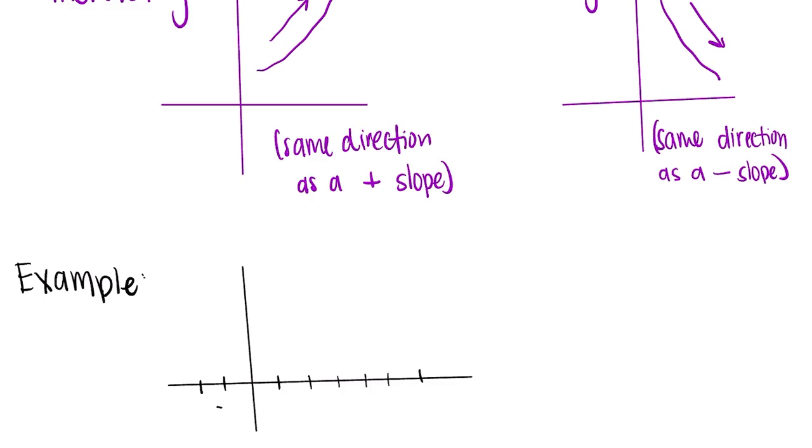So this is going to start at -1. Let me label these. It starts at (-1, 2). And then I'm going to put another point at (1, 3). I'm going to put another point at (2, -1). And then another point at (4, 2).